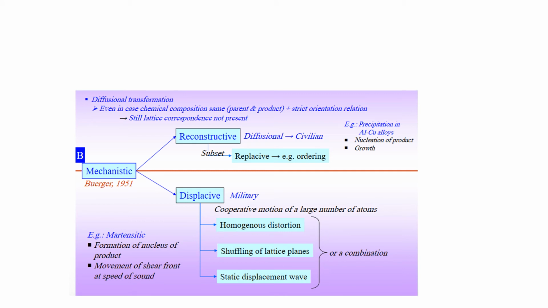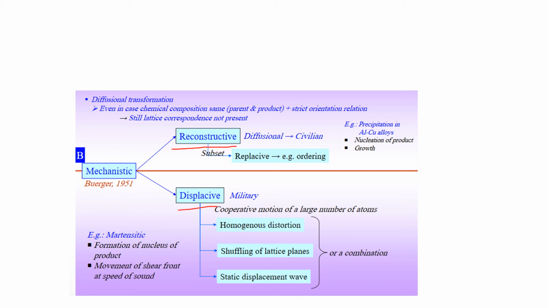The second type of diffusional transformation is the mechanistic, which is further divided into two parts: reconstructive transformation, which is diffusional, and displacive transformation.